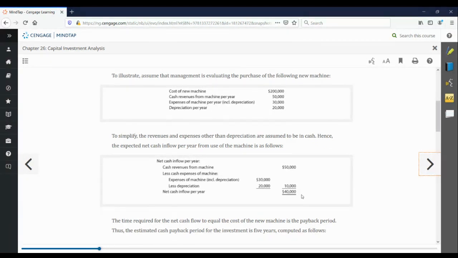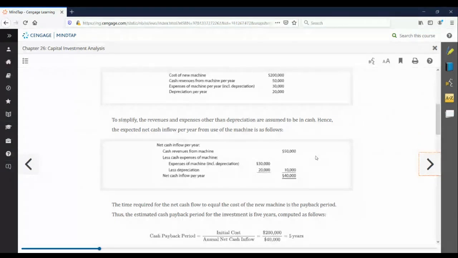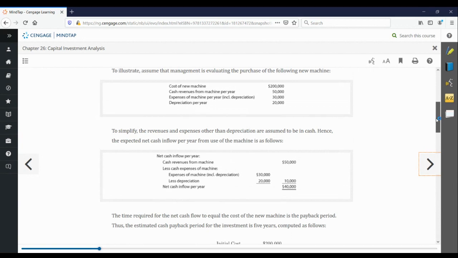They just give you the amount. But if you're curious about how they come up with it, this is how we would determine our net cash inflows for the asset, for each year. And so they're doing it on a per year basis.